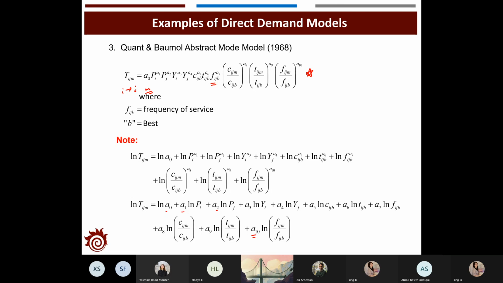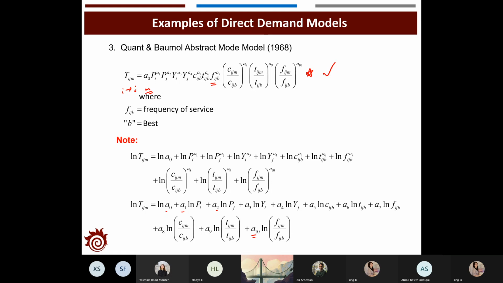For example, if this abstract mode model is applied at city A, it will not be easy for you to extend it to city B. You probably need to filter out some parameters and recalibrate the model to find a large number of coefficients, and then you will be able to use the model in the other city.